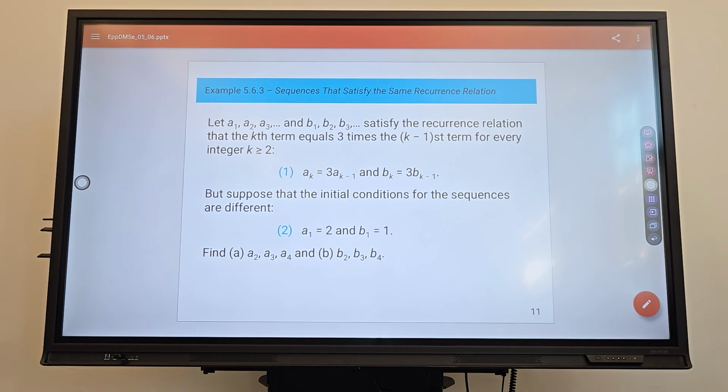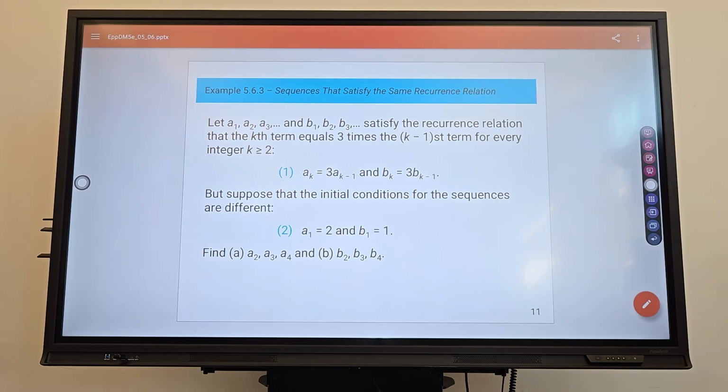Sequences that satisfy the same recurrence relation. Let A and B be sequences that satisfy the recurrence relation that the kth term equals 3 times the k minus 1 term for every integer k greater than or equal to 2.